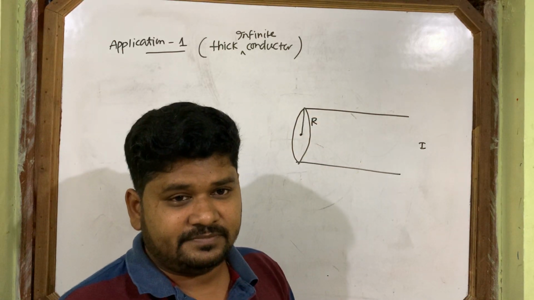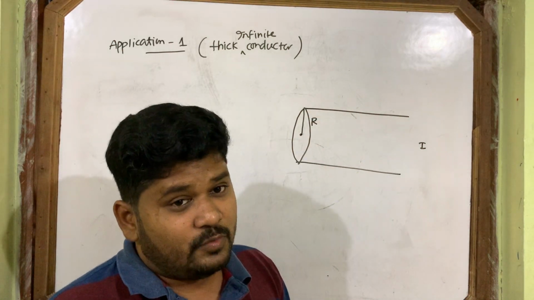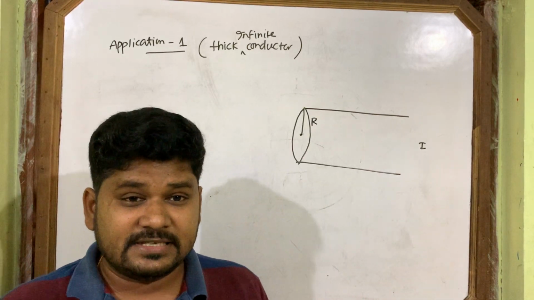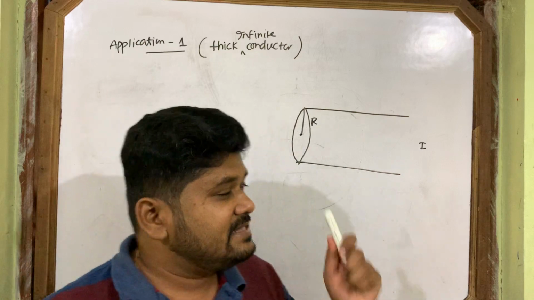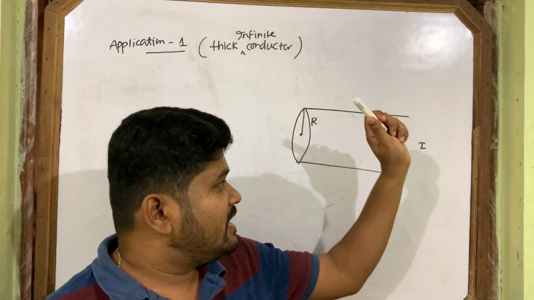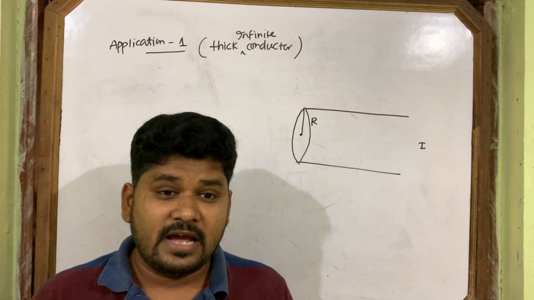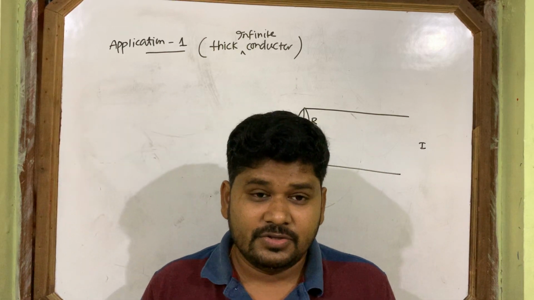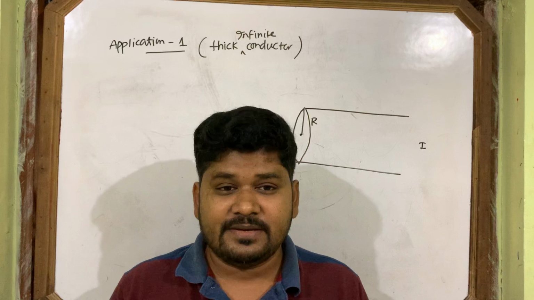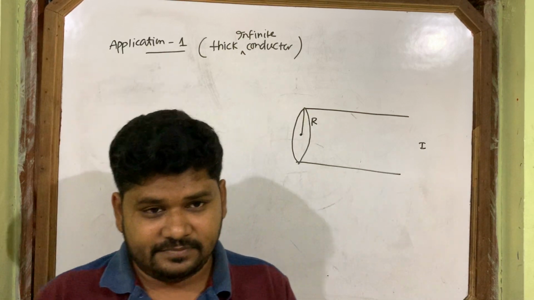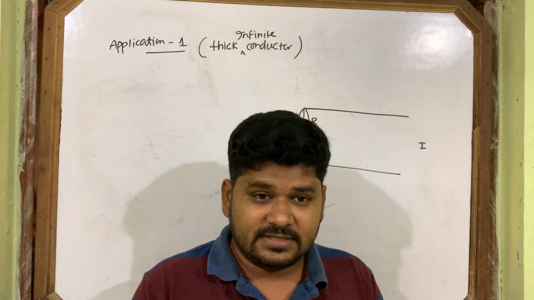We'll find the magnetic field. We'll discuss 3 cases here: inside, outside, and on the conductor. It's a very important application of Ampere's circuital law, which is written as an example in your NCERT book. But it is very important, and also very easy.